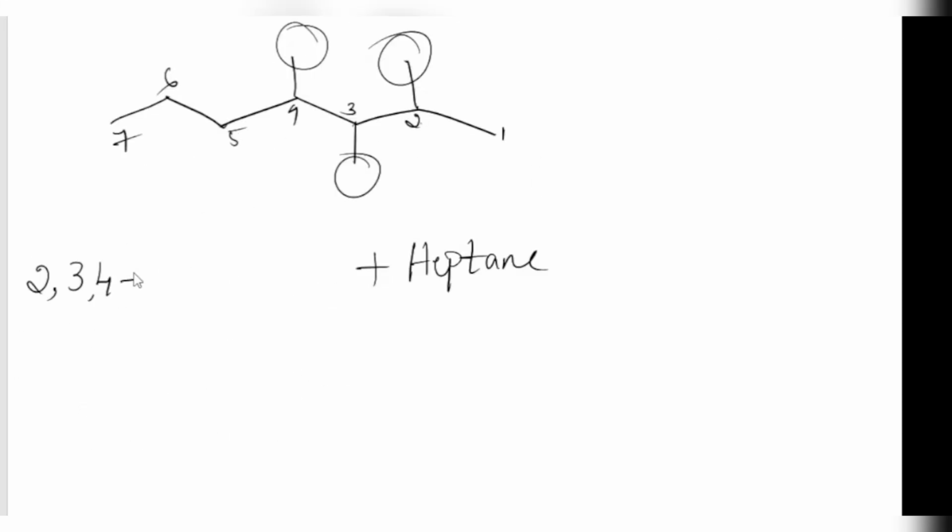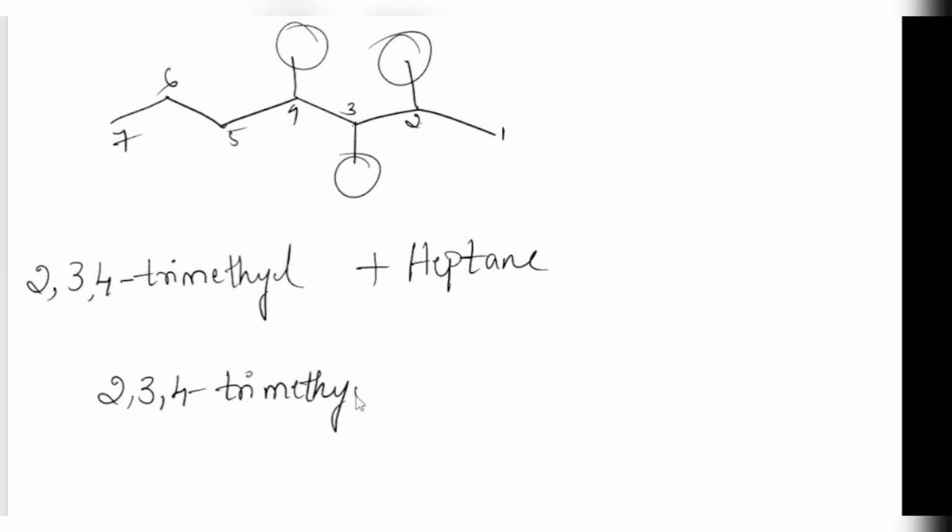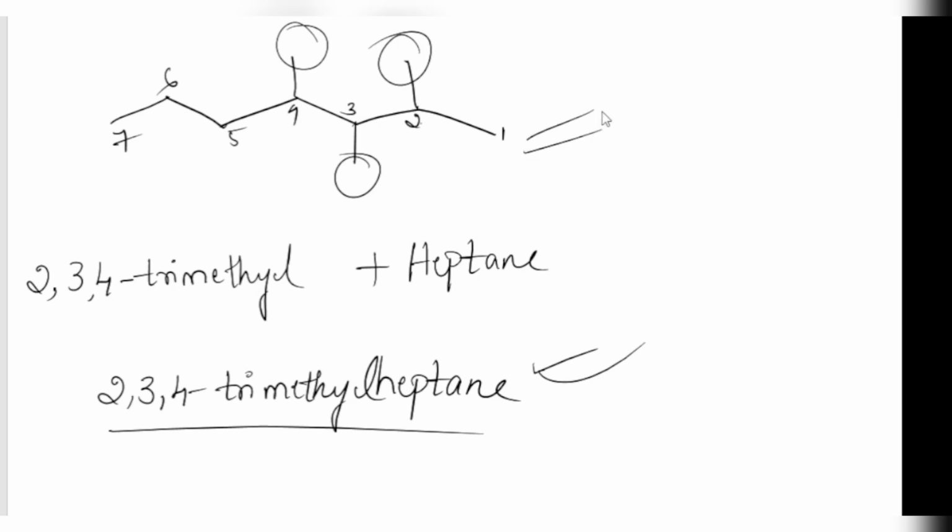That is trimethyl, followed by the name of the parent chain. If we add both of these, we will get 2,3,4-trimethylheptane. Without space, we have to write an IUPAC name. This is the IUPAC name for this particular molecule.